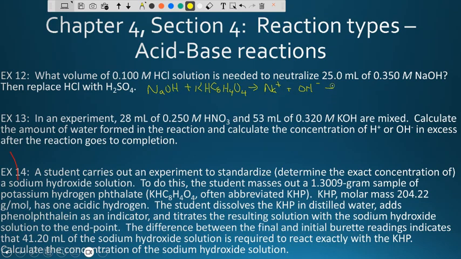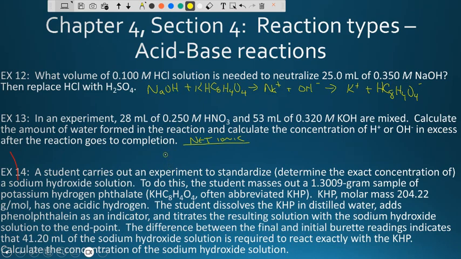And so what we'll get out of all of this is we're going to get potassium with my HC8H4O4 negative. Okay, so that the net ionic equation out of all of this, we can get rid of our spectators. I end up with this as my net ionic.